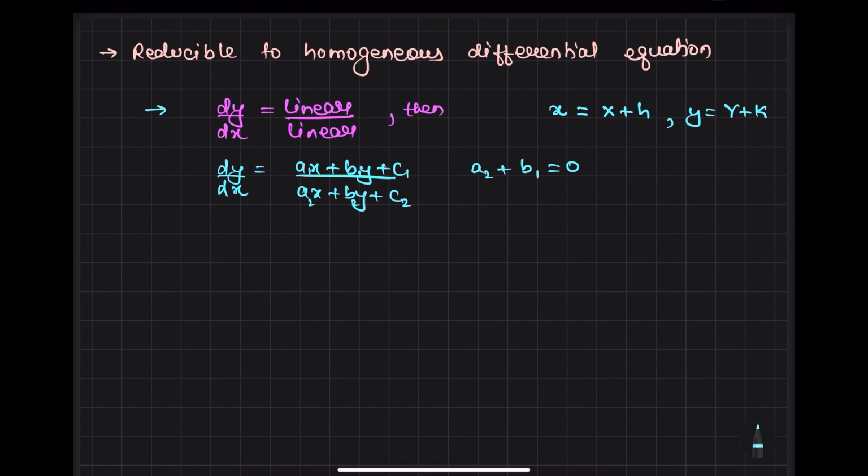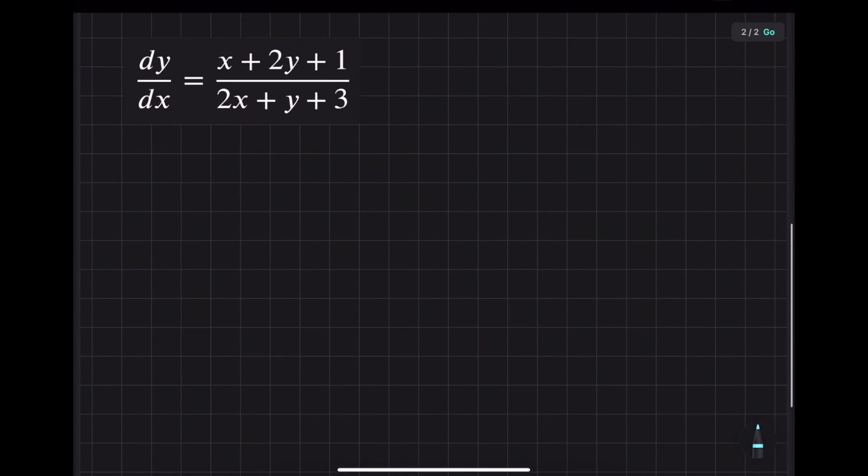Okay, so for example, look at this question. If you observe, you will find that it is a differential equation, and we have to solve it. Suppose you apply the idea where you have studied the variable separable method. Do you think you can segregate the variables? No, because all x are not together, all y are not together, and they are not in product. So you cannot do that.